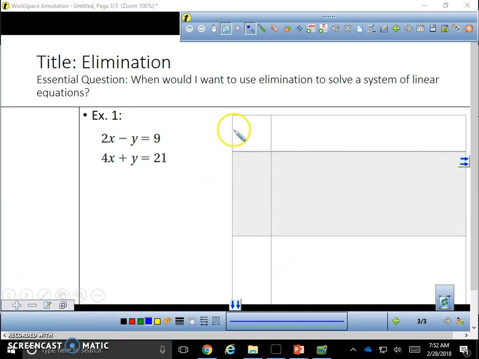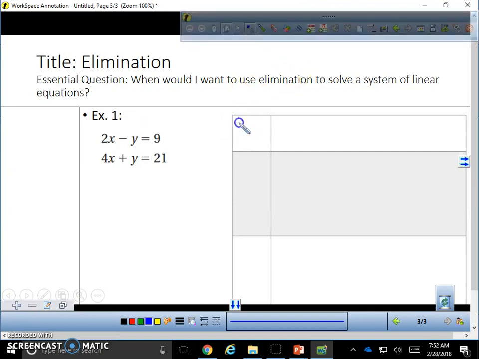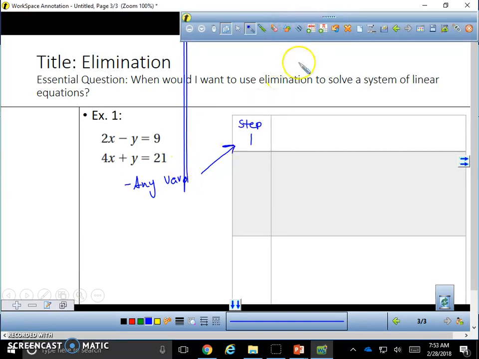Again, 3 steps. Step 1, multiply if necessary. Step 1, you're checking to see if any variables are the same or opposite.